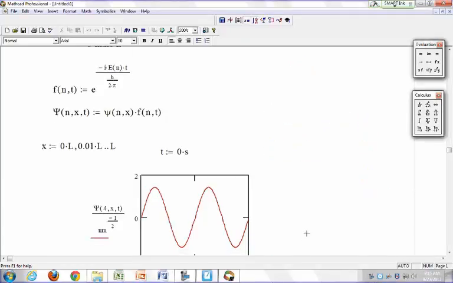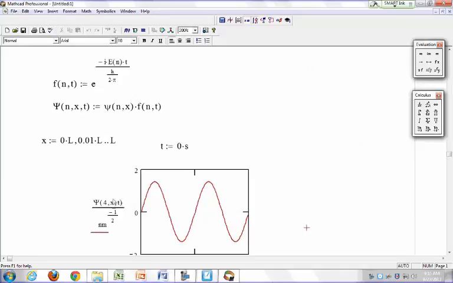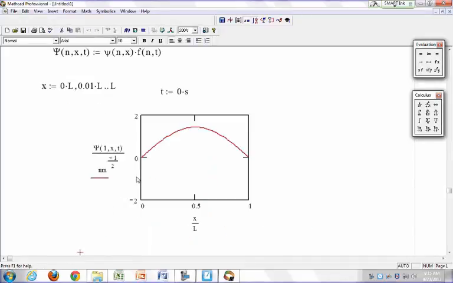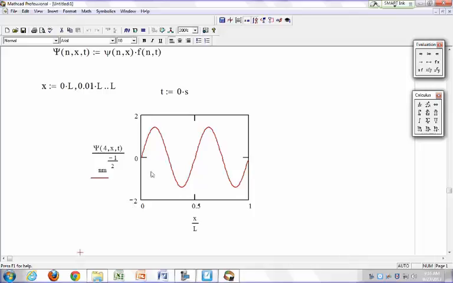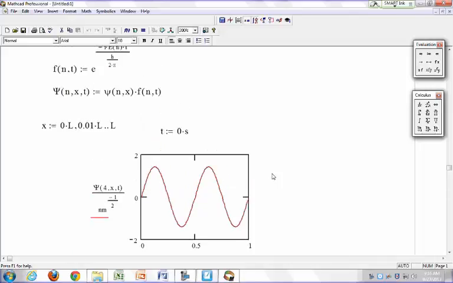So when time is 0, your big psi is just equal to your little psi, basically, right? So let's say for 1, let's go back right there. For 2, for 3, 4. Okay. Notice what's the peak and bottom of your function?